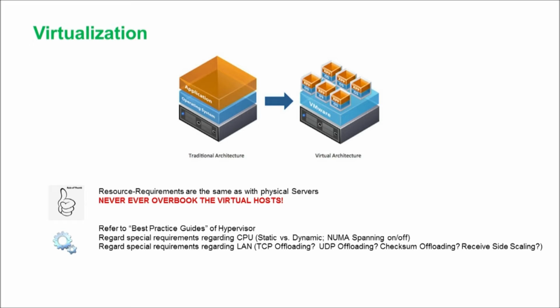So that means what you should not do: you should not sell more resources than you actually have. For example, if a host has 32 CPUs, then you can create 2 servers, each using 16 CPUs, totaling 32. Or you create 4, each 8 CPUs, totaling 32.